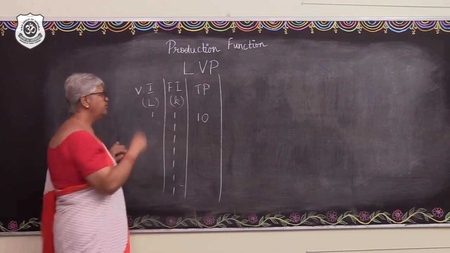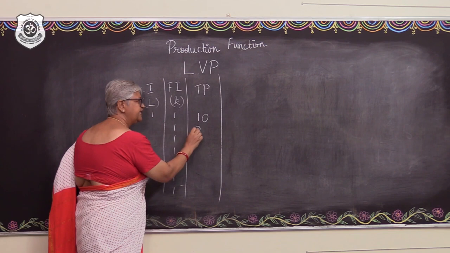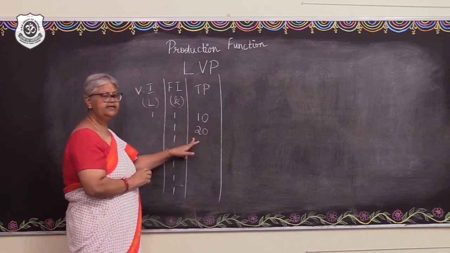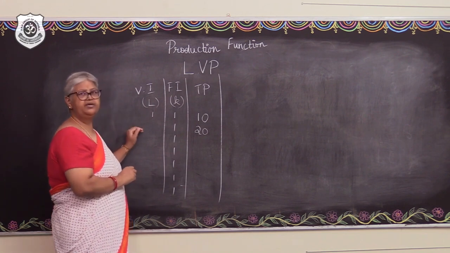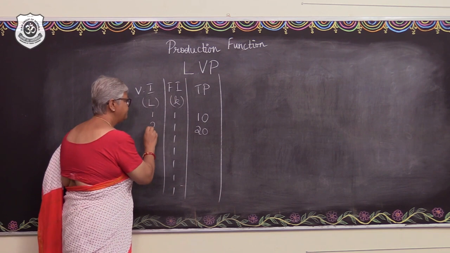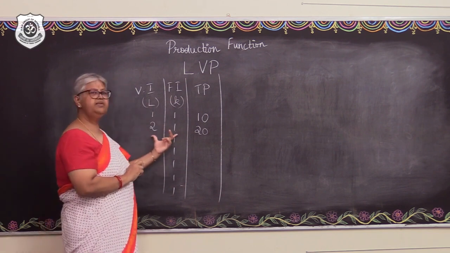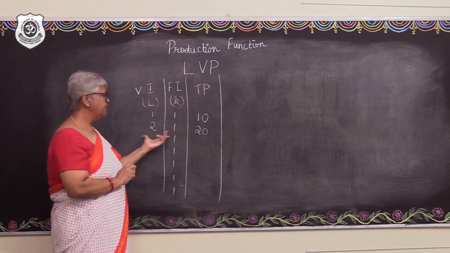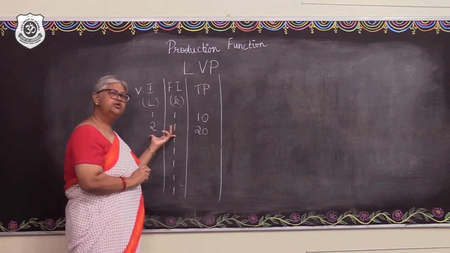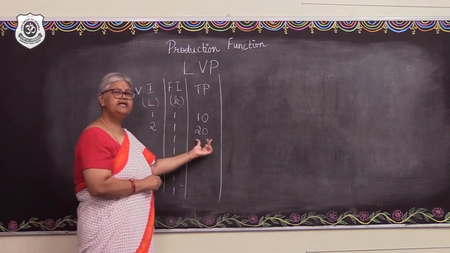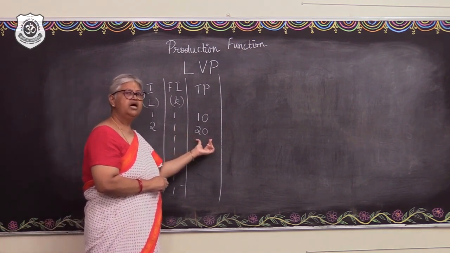Let's say to reach the next level of output, that is 20, one more laborer has to be used. So the second laborer is made use of in the process of production, and this combination of 2 laborers and 1 unit of capital results in 20 units of output.